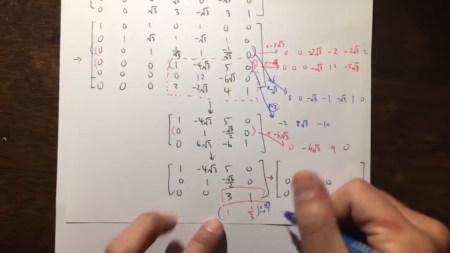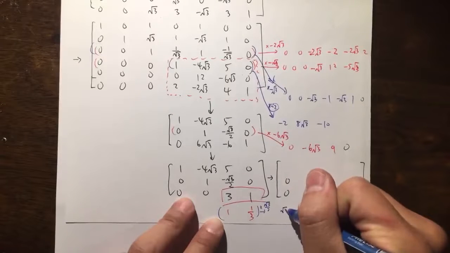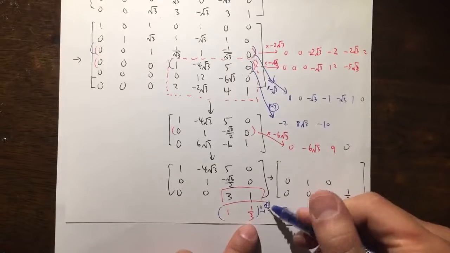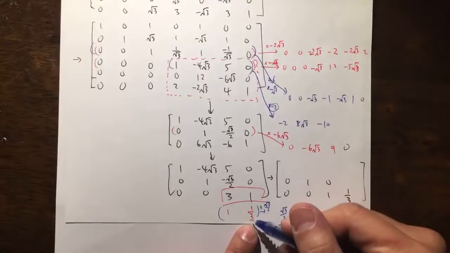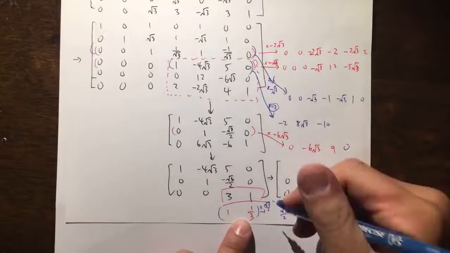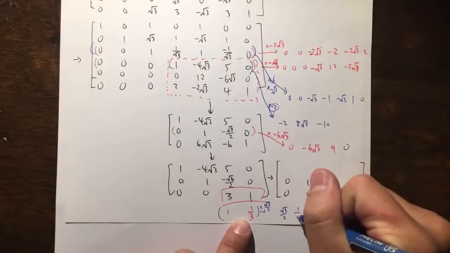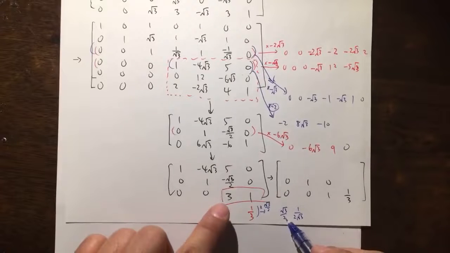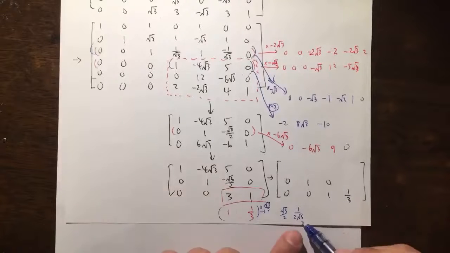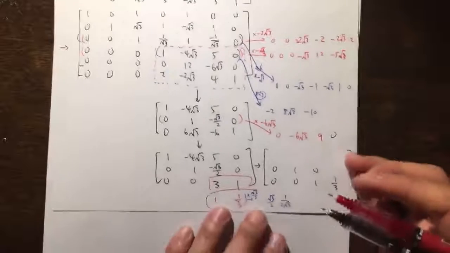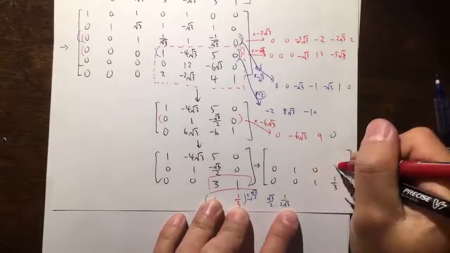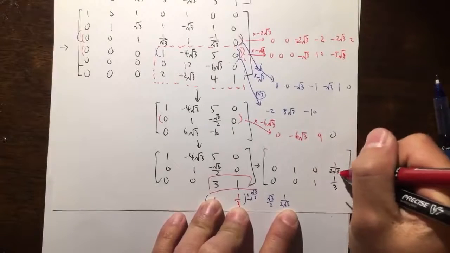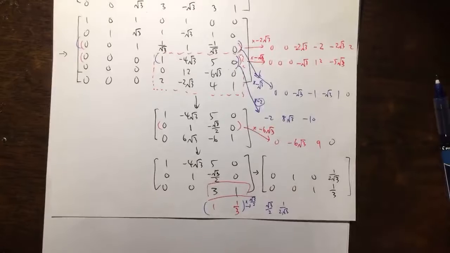When you do that, you get square root of 3 over 2, and then this times that, the square root of 3 over 3, is going to be square root of 3 in the denominator and you have 1 over 2 square root of 3. So when you do this plus that, it's 0, and when you do this plus that, you get 1 over 2 square root of 3, okay?